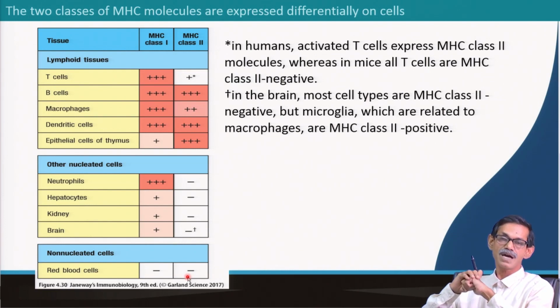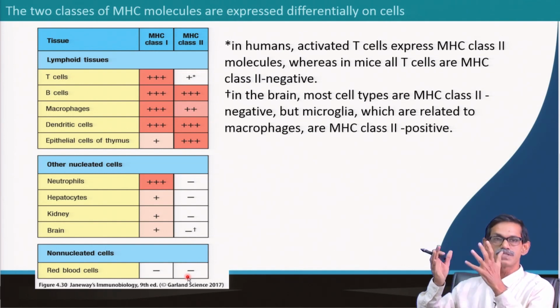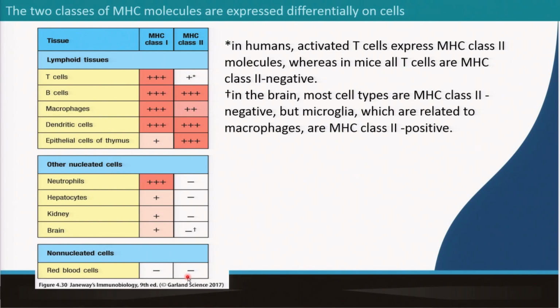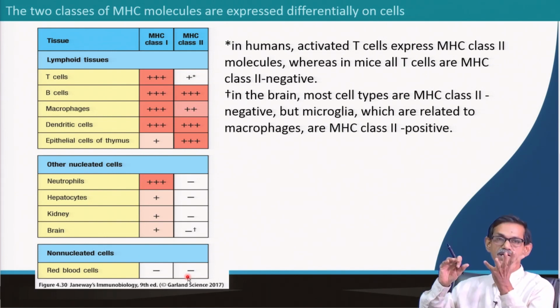Imagine how smart they are. First, they grow inside a cell, so the immune system will not see them. Not only that, the RBC where they are growing and killing one by one and replicating inside the cell does not have the machinery to express MHC1 and MHC2.